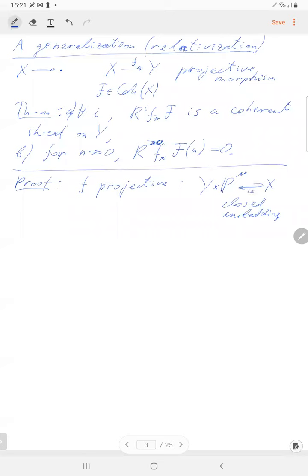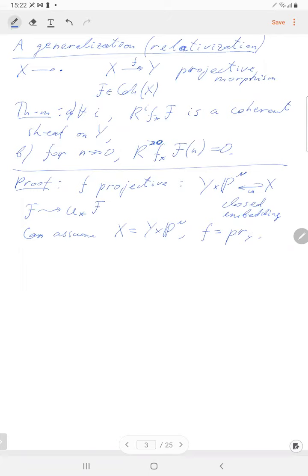Let's call it U again, and then we can go from our coherent sheaf to its push forward on the product, and so we can assume that our X is Y times projective space, and F is just projection onto Y.